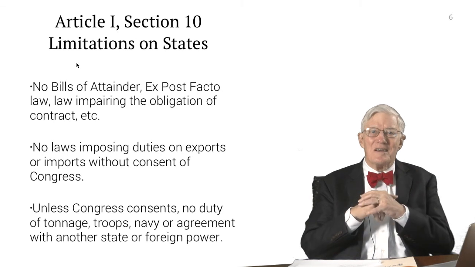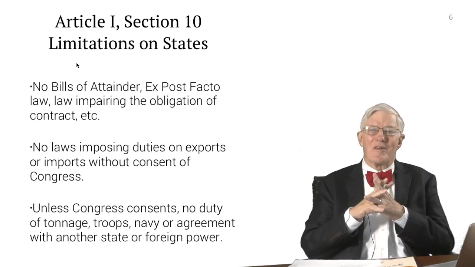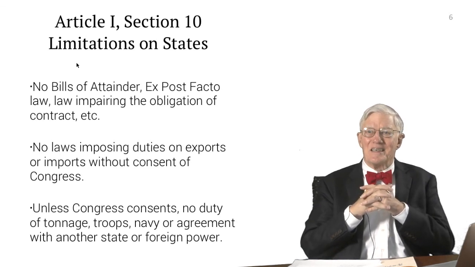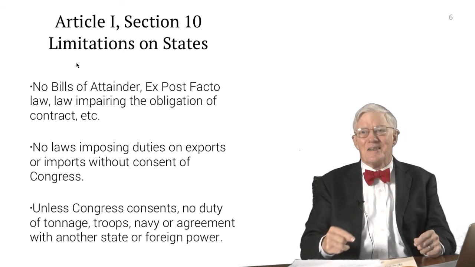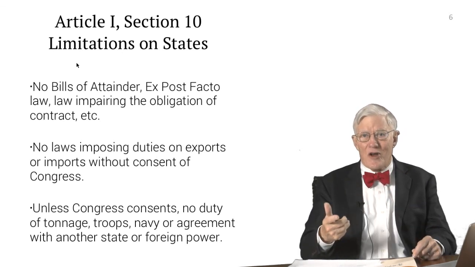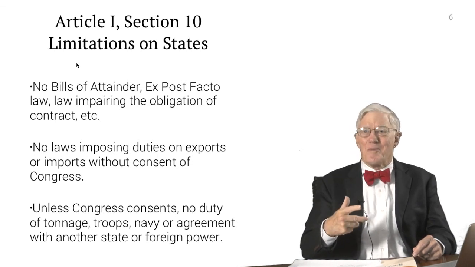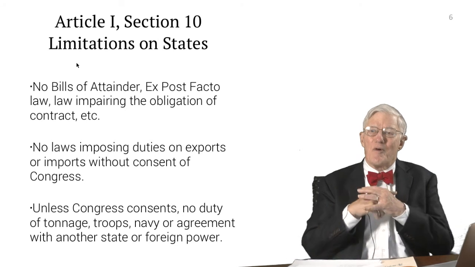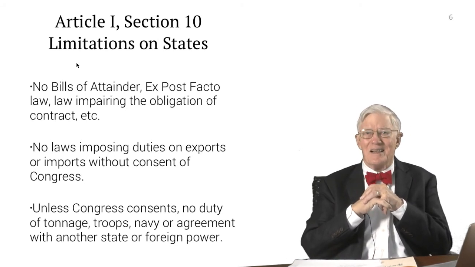Later in the course, we'll deal with the question of interstate compacts. Florida has several of these interstate compacts, agreements with other states. Those are adopted pursuant to authorization from a congressional act. So under Article 1, Section 10, congressional approval is necessary before one state enters into a contract with another state.